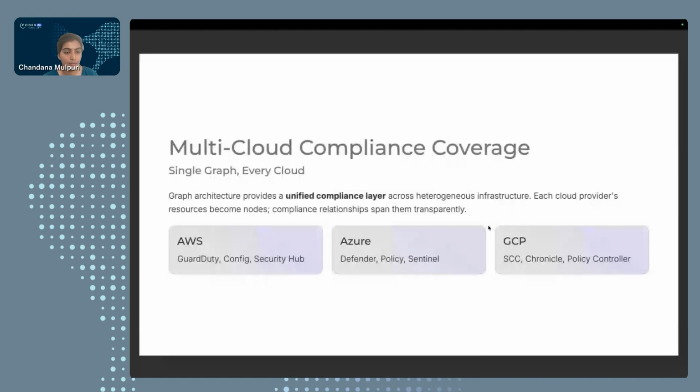In AWS, it's GuardDuty, Config, and Security Hub; in Azure, it's Defender, Policy, and Sentinel; and in GCP, it's SCC, Chronicle, and Policy Controller. All of them become a unified compliance layer across the infrastructure, and we have a single unified graph for all the multi-cloud environments.